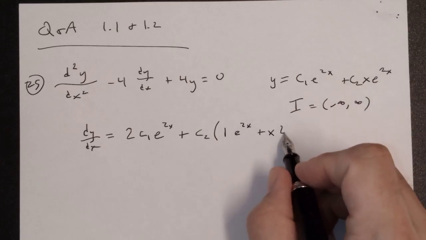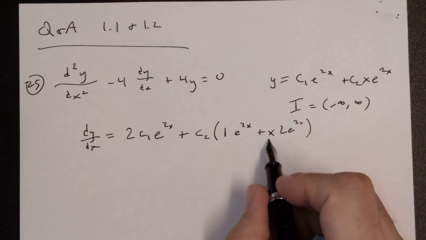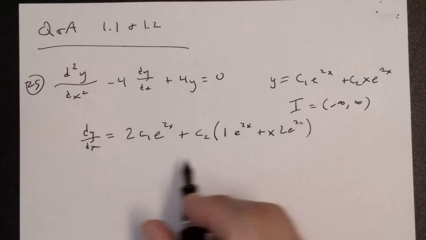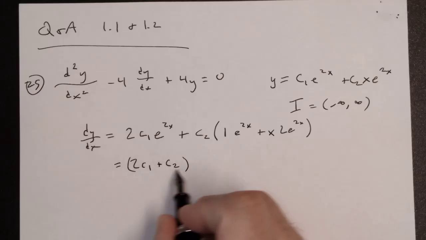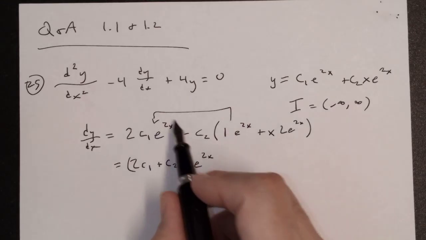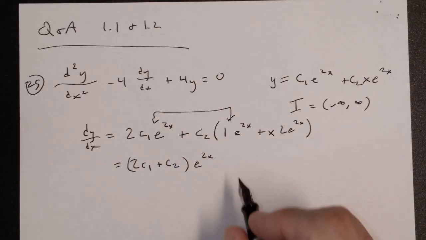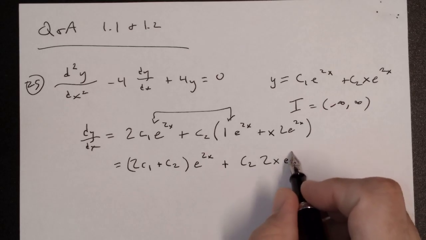The derivative of e to the 2x is 2e to the 2x. Now, I can gather some like terms here. This is the only piece that's got an x in it. So I have 2c1 plus c2 e to the 2x. That's these two pieces put together. And 2c2 x e to the 2x.